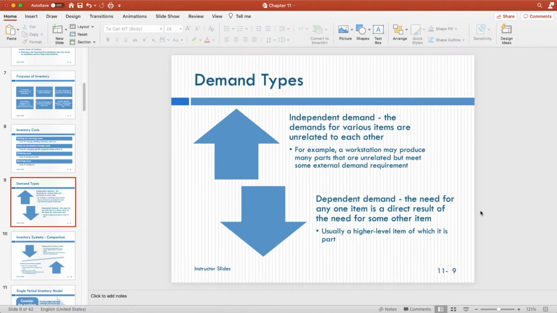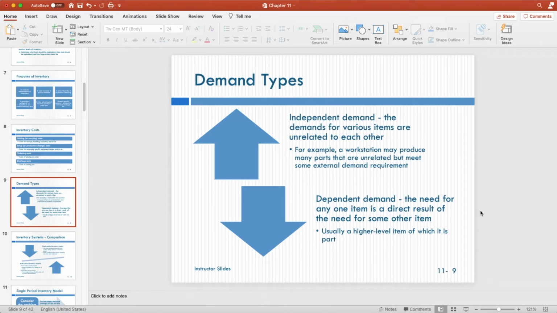We all know that for a car, how many engines do we need? We need one engine, right? For every car, normally we need one engine. How many wheels? We need four wheels. And how many tires? Still four tires.